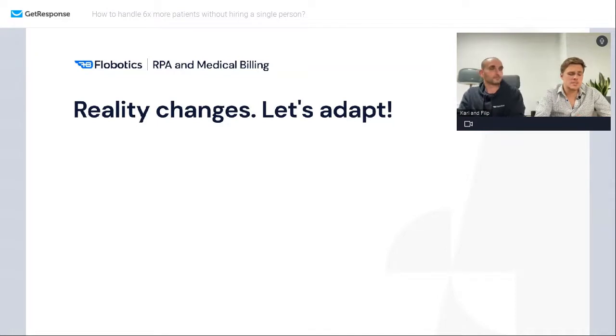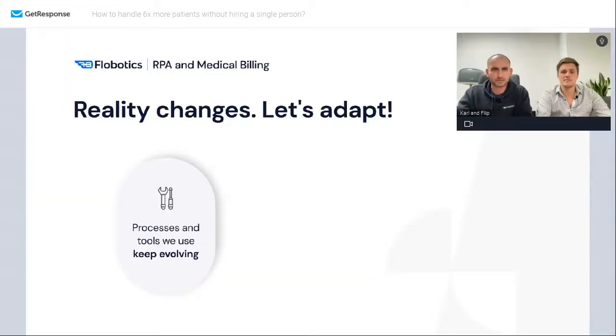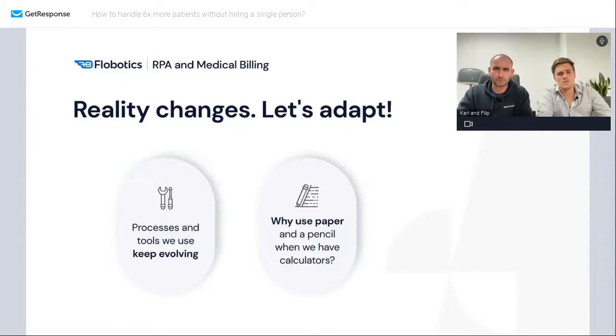So it seems that everything we do changes, and do you think we should too? We should always change and adapt. But it seems like some things we don't want to change. For example, we don't really use paper and pen anymore to do long division. I can't remember the last time I did that.